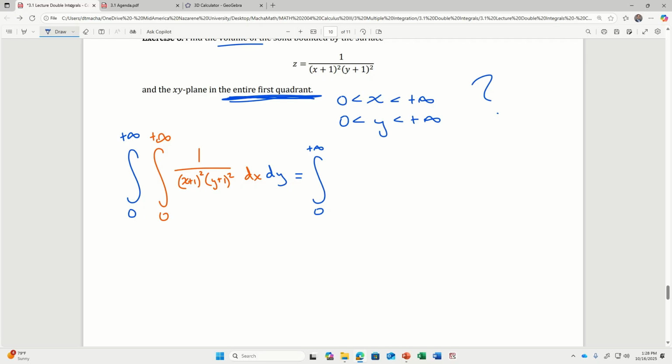And on the inside integral, I'm taking the antiderivative with respect to x. That means y is a constant as far as the orange integral is concerned. We can take out 1 divided by y plus 1 squared out of the orange integral. Now, if you have a situation like this where in orange the entire integrand only has x's, there are no y's in the orange integrand.